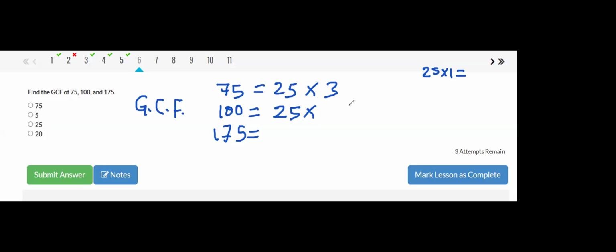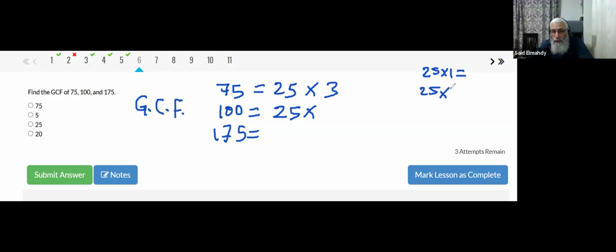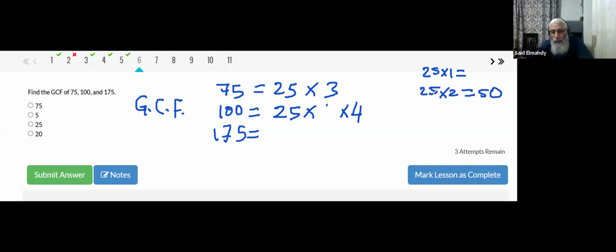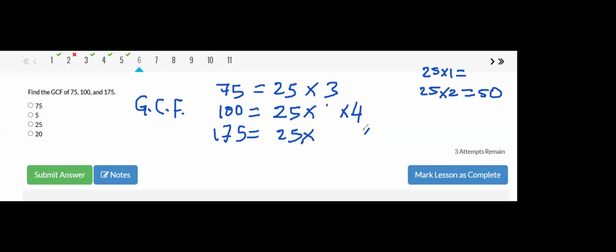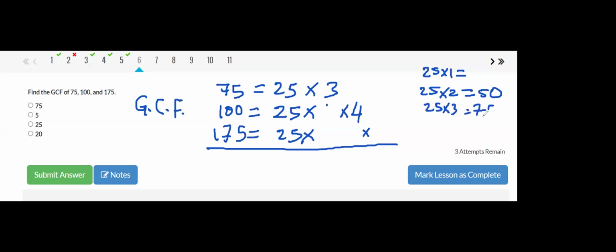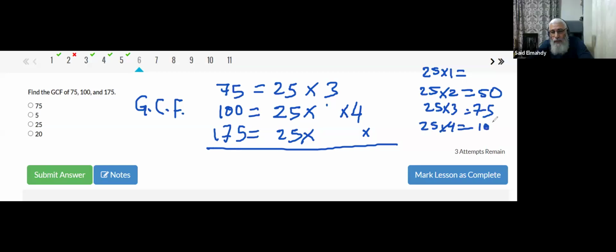25 times 2 is 50. So 25 times 4: 50 and 50 is 100. So 25 times 4 is 100. And 175 is 25 times what number? 25 times 5 is 125. 25 times 6 is what?